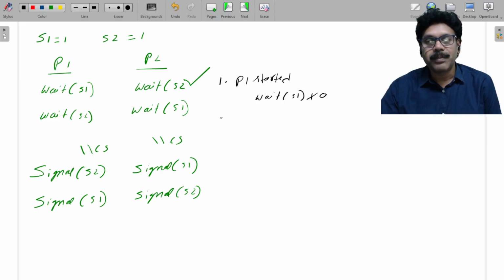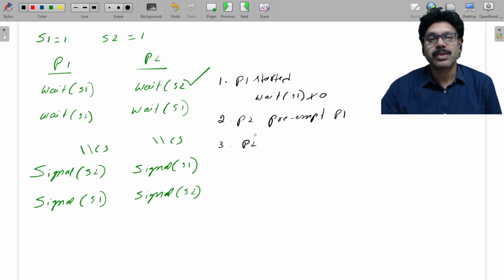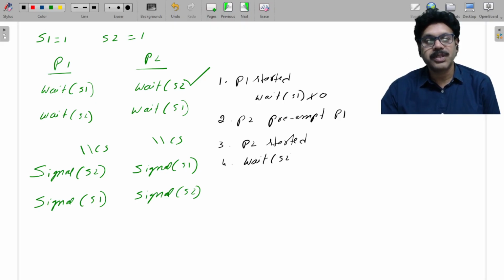Now in the meanwhile, P2 preempts P1. Then the chance goes to P2 this time. P1 is paused. Now P2 started. Now P2 is taking care of wait of S2 because its first statement is wait of S2.